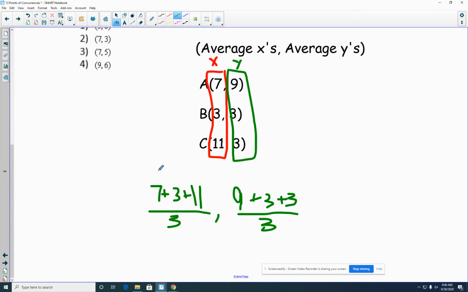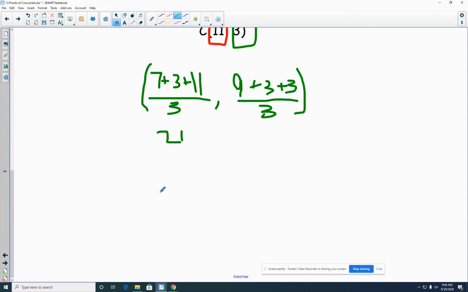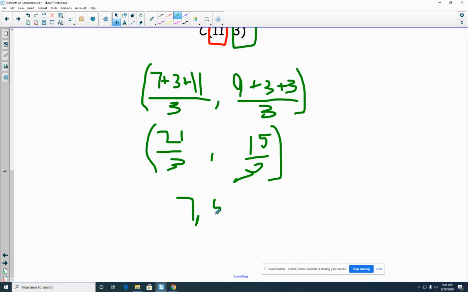And remember, this is a coordinate, so it has to be put in a set of parentheses. Okay, so what do we get? We get 14 and 7, so that's 21 divided by 3. And then we have 15 divided by 3. Oh, sorry, it's a little crazy with my handwriting. Then we end up with (7, 5). Perfect.